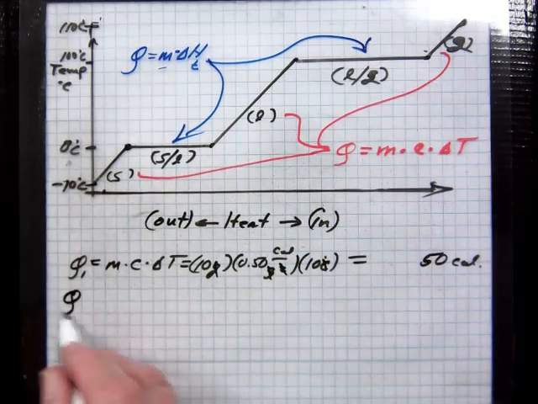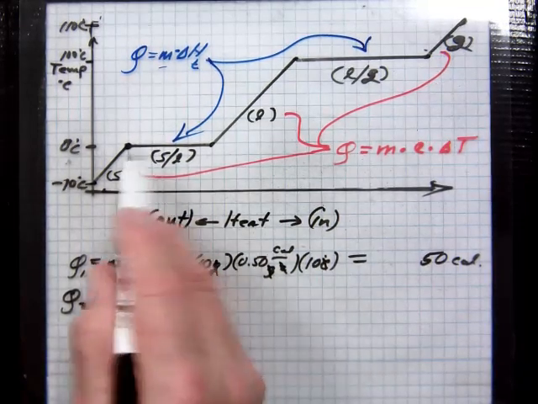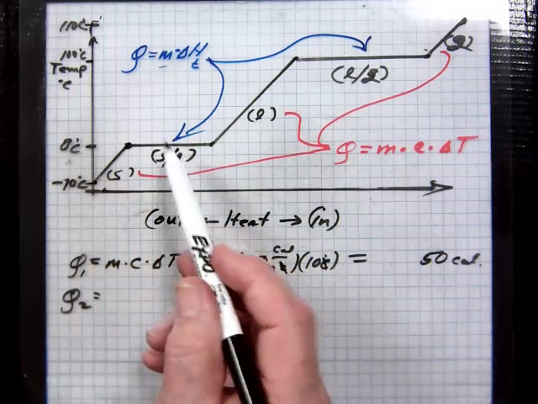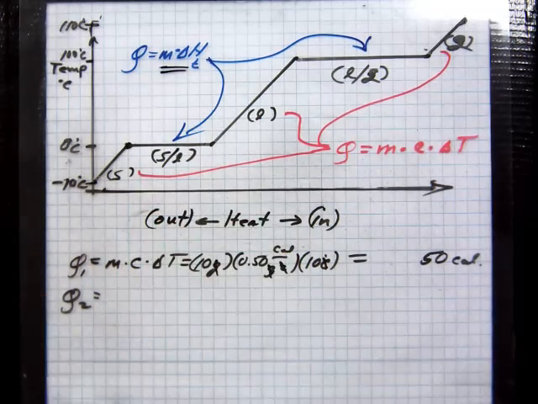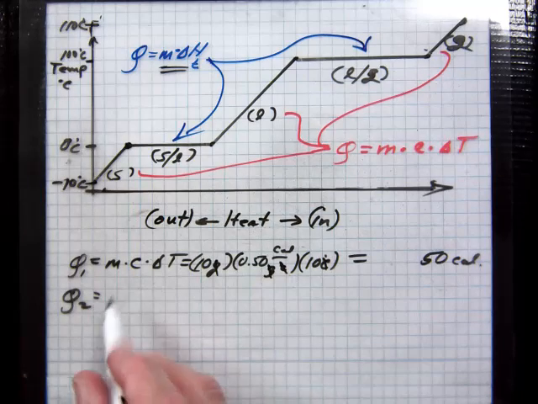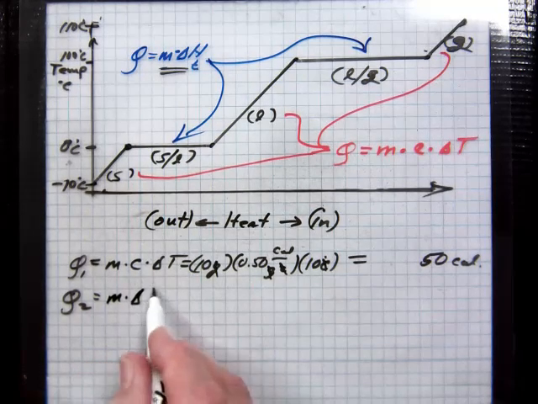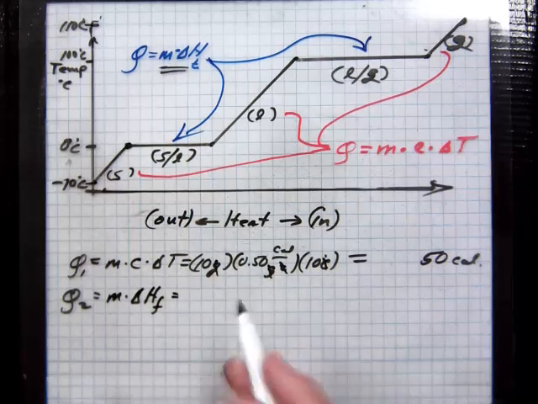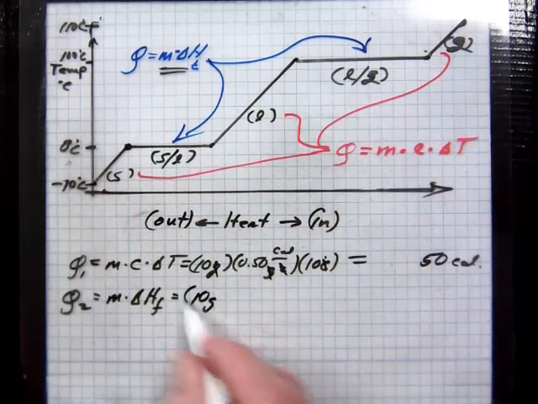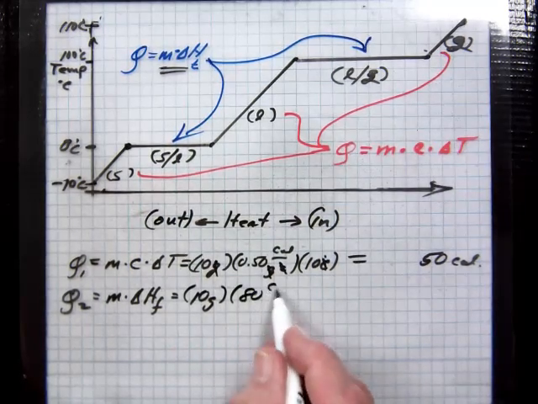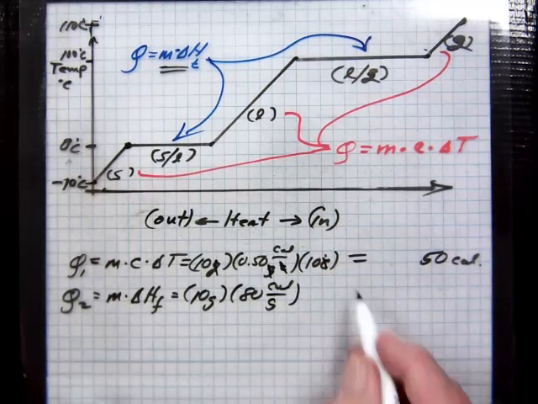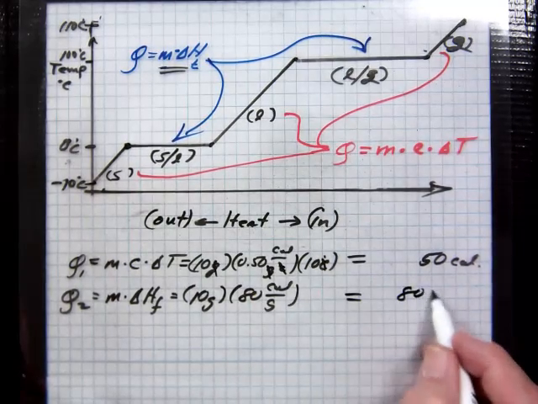Then you go to number 2. That will be your melting. Now, since there's no temperature change, you want to select an M delta H transition or M delta H fusion. So that's M times delta H fusion of water, and we're still melting 10 grams, and it's 80 calories per gram, and so that's 800 calories.